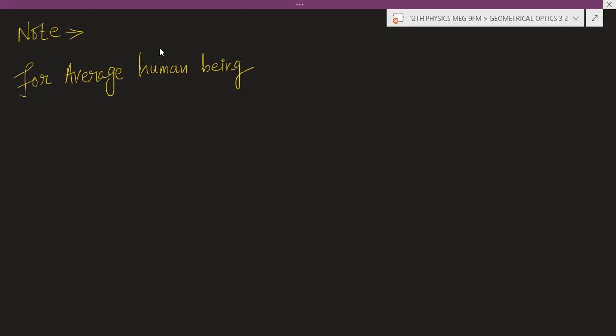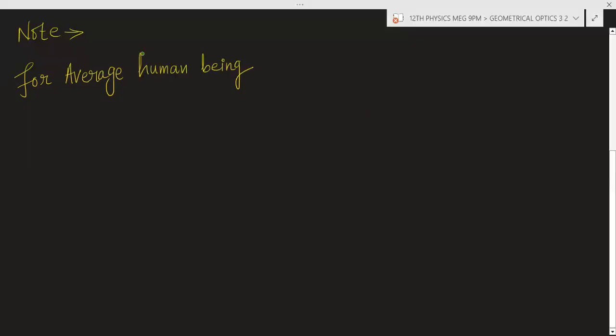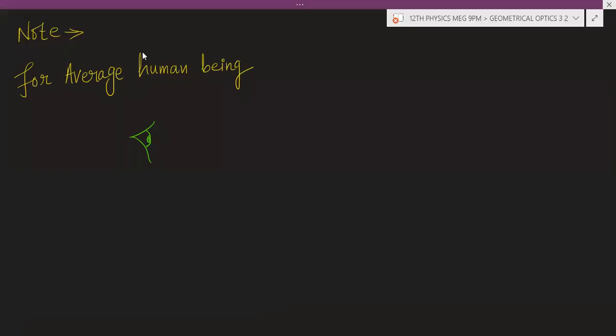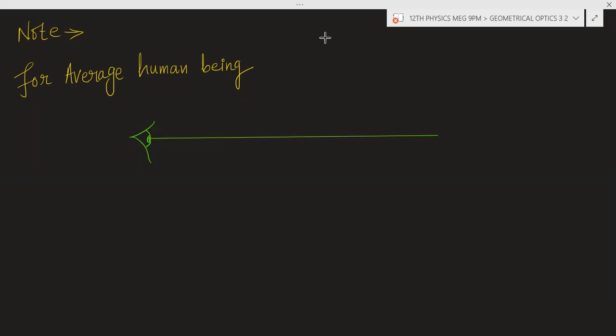So you can say that for a normal human being, this is the eye, and this eye can see at minimum up to 25 centimeter, and this 25 centimeter is also known as the near point.